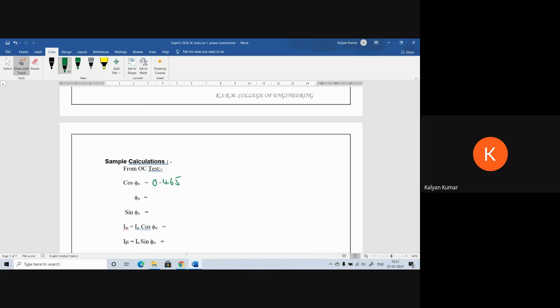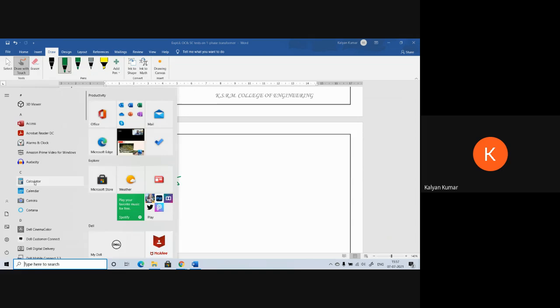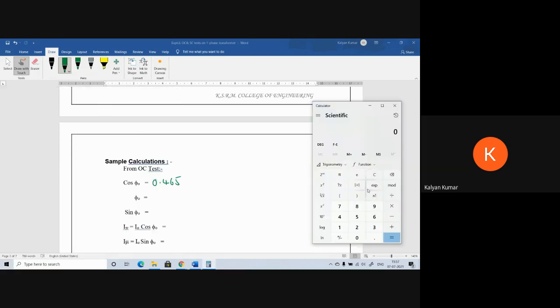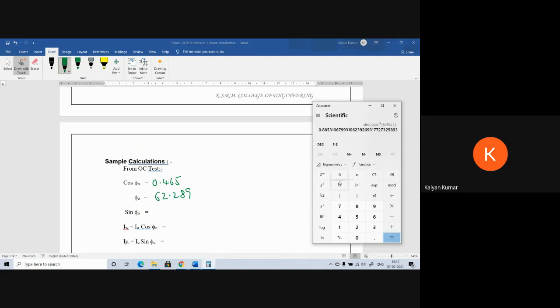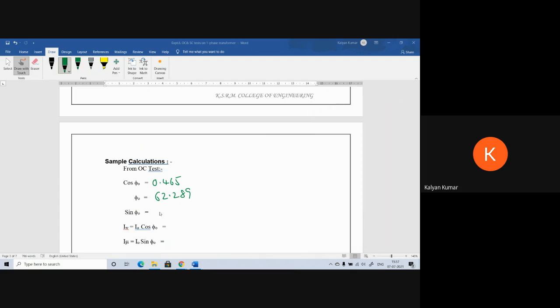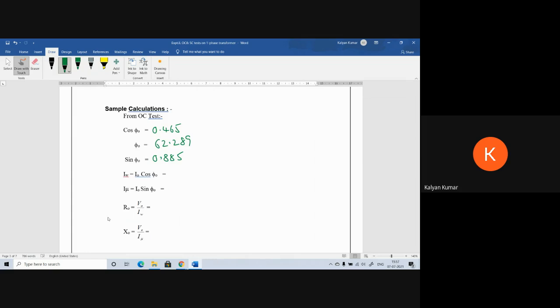Therefore, phi naught will be equal to cos inverse of 0.465, which is 62.289 degrees. Now sine of that value is 0.885, that we got as sine phi naught.